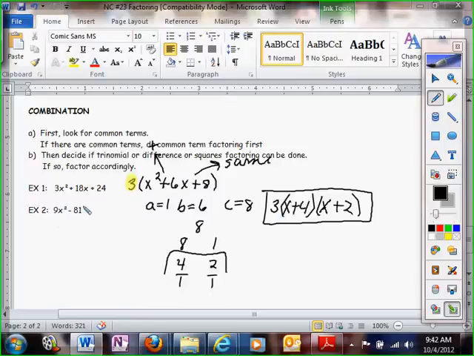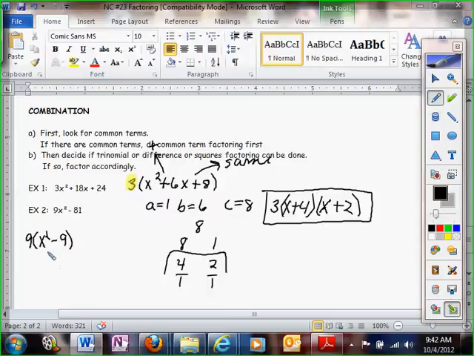And then finally, example 2, it looks like, first of all, that I have a common factor that I can take out of 9, because 9 is divisible by 9 and 81 is divisible by 9. So I'm going to pull that 9 out first. 9x squared divided by 9 is x squared, minus 81 divided by 9 is 9.